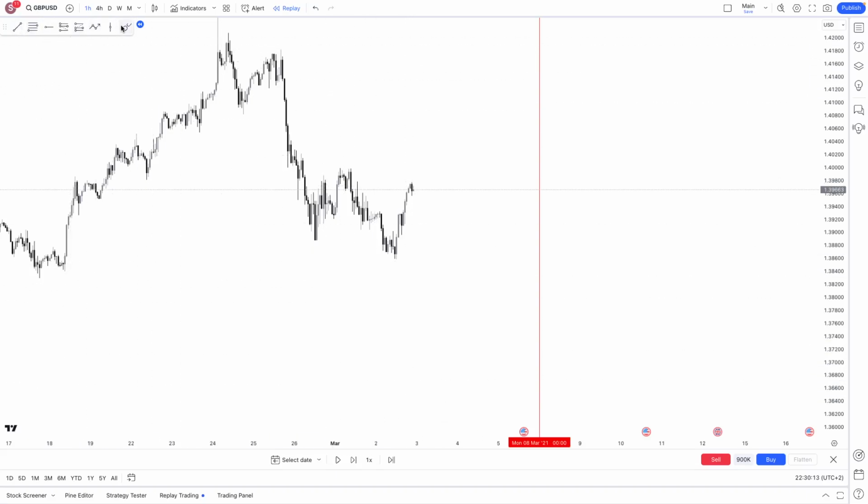So this could be a pattern, and we might get a move to the downside. So I would like to see a pullback and then I will enter.